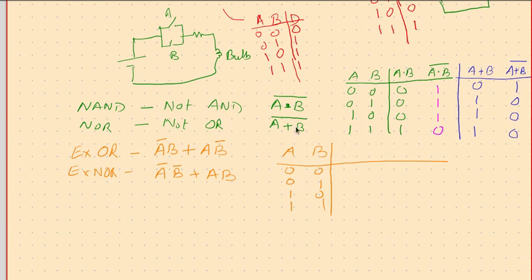For these four options, this is A bar B. A bar B means A should be 0, B should be 1. Only this condition is there.